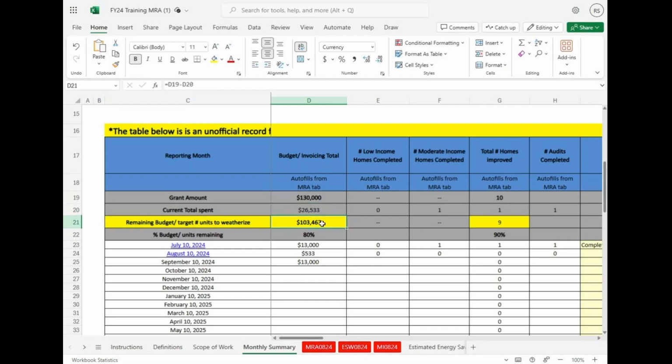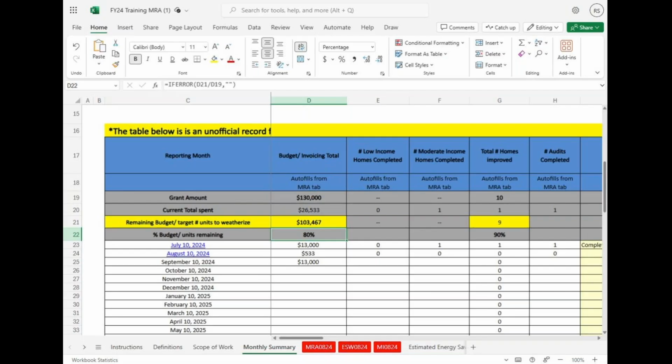Both the money remaining in your grant as you progress towards your goals, as well as the total number of homes improved, will become a countdown as you progress through the fiscal year. These percentages here are the percentage of what you have remaining.